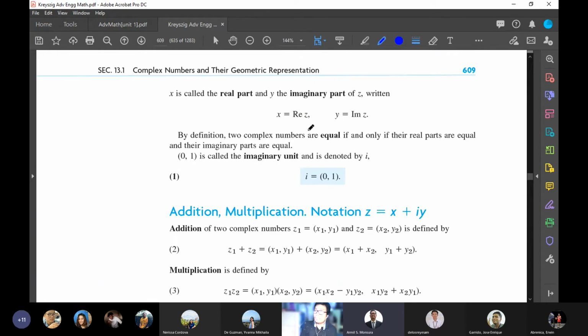The imaginary unit then is denoted using z equals 0 plus i, in which you can now designate it as the ordered pair (0, 1). Malinaw ba yung equivalence ng dalawang to?